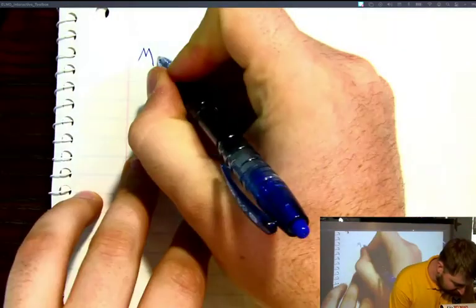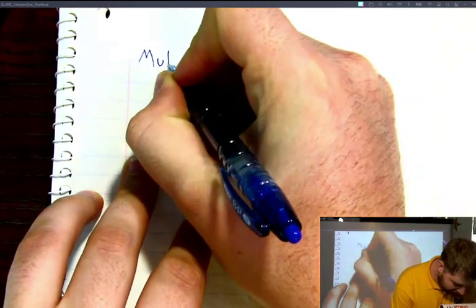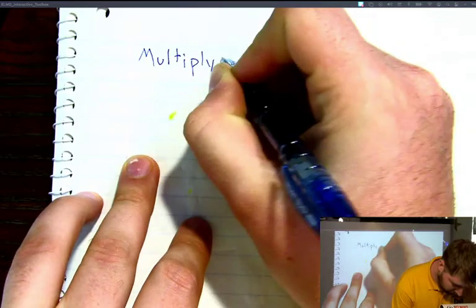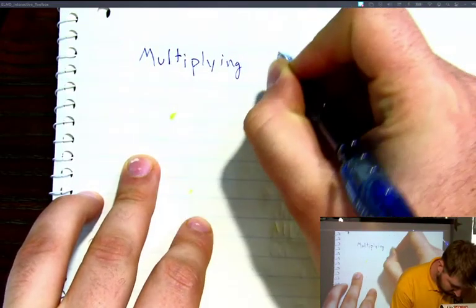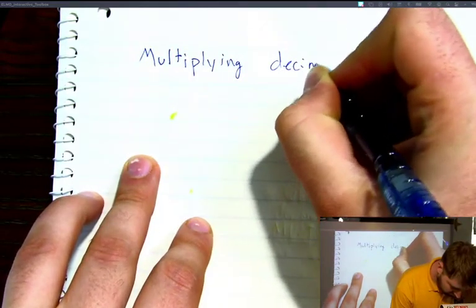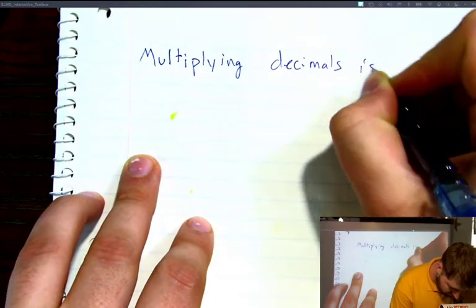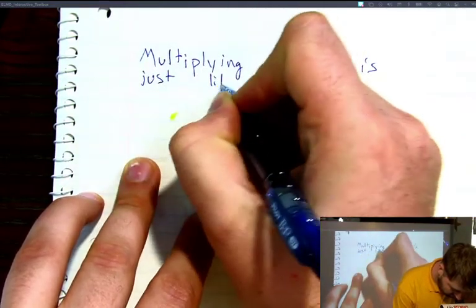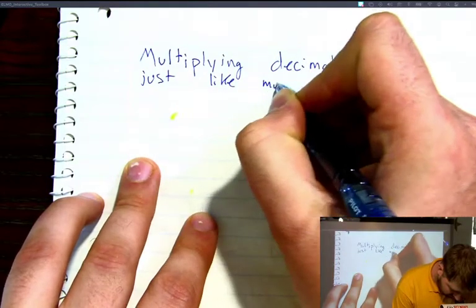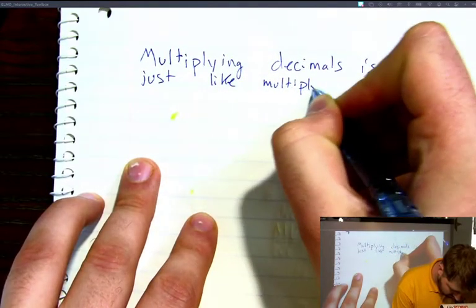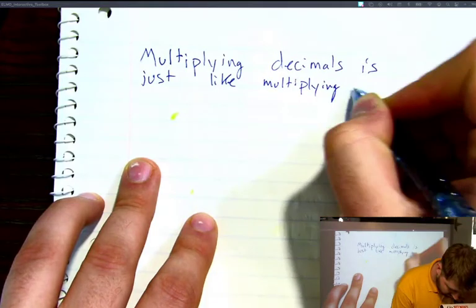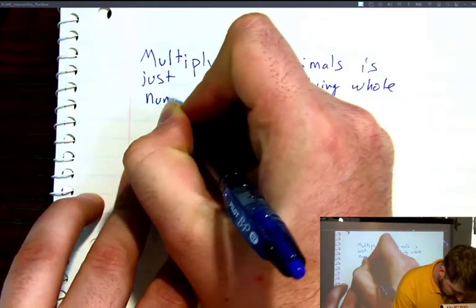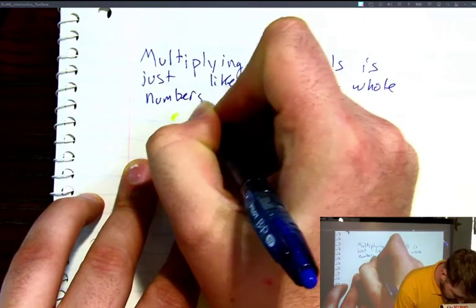But multiplying decimals is just like multiplying whole numbers. But then we're going to put a dot, dot, dot.